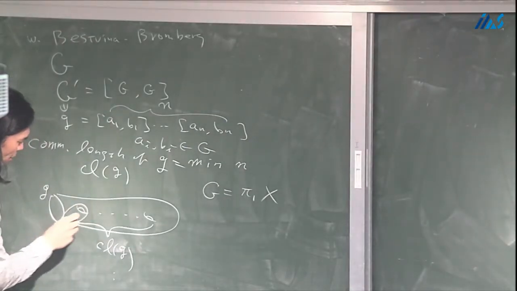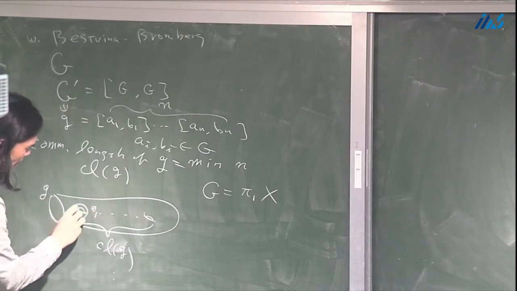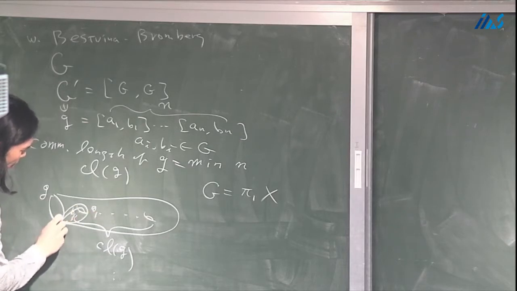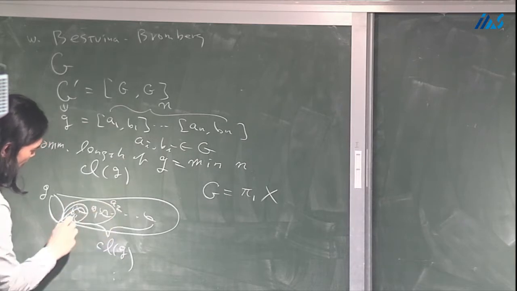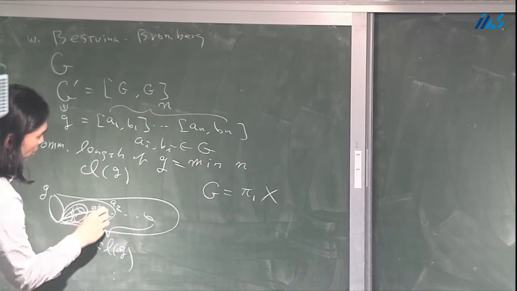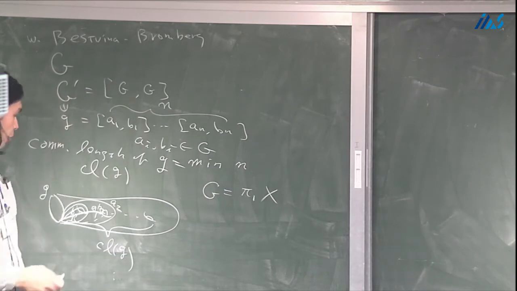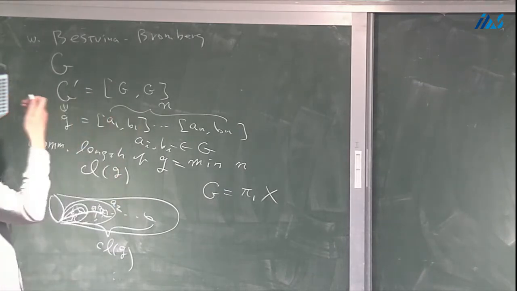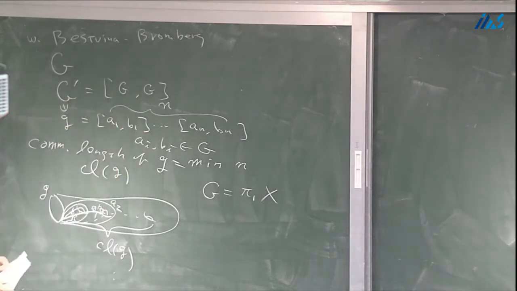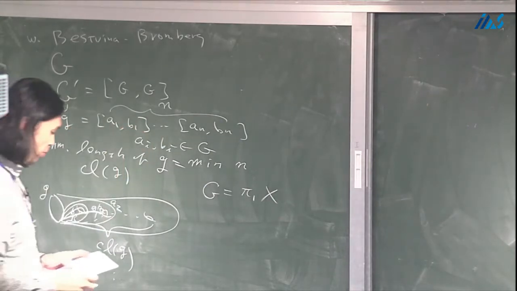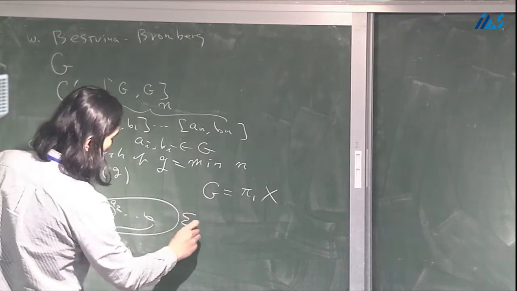This is A1 and this is B1, and I need a second one. This is A2, and then you have B2 like this. So on this surface, the relation you see is exactly this equation. And if there is no g, it's exactly the relation to define the pi 1 of the surface. Maybe I write this surface sigma for g.